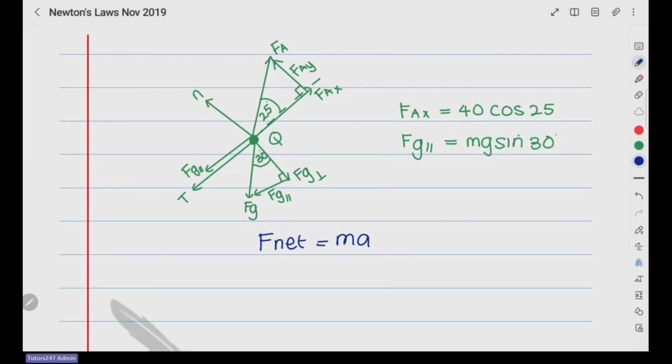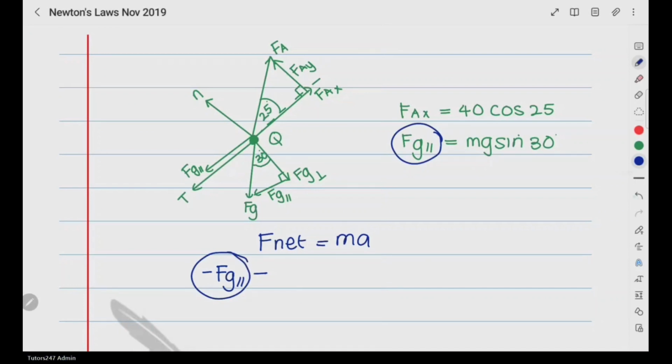It's going to be minus T minus mg sine theta. Remember, mg sine theta is Fg parallel. It's just duplicating.